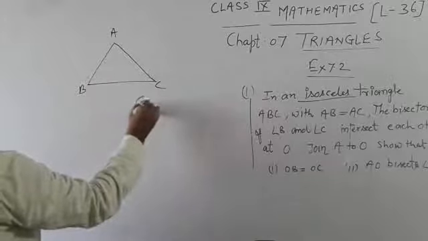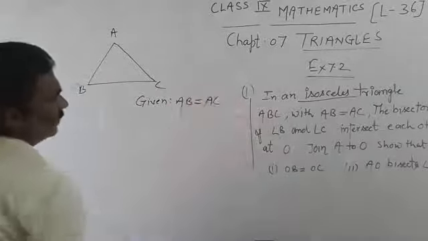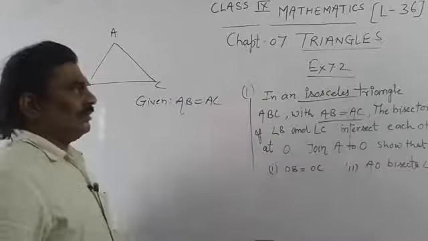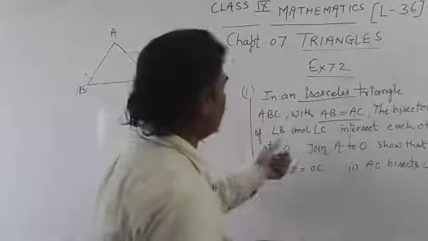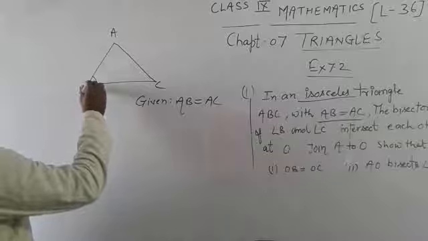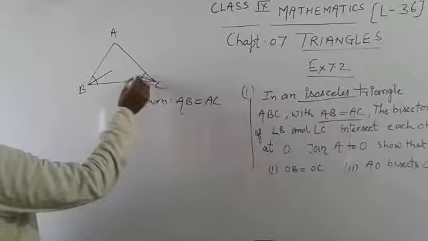In this triangle, given AB is equal to AC. Sorry, students, the bisectors of angle B and C. The bisector of angle B is this, and similarly the bisector of angle C is that.